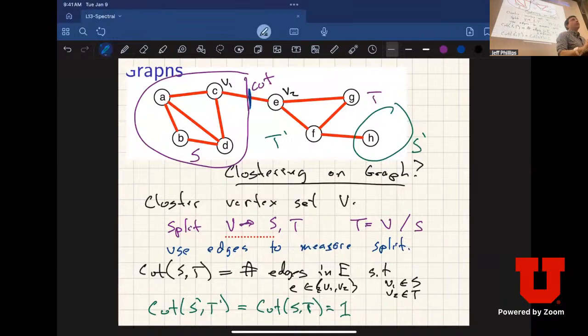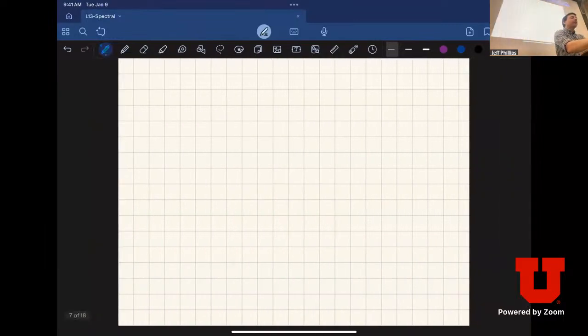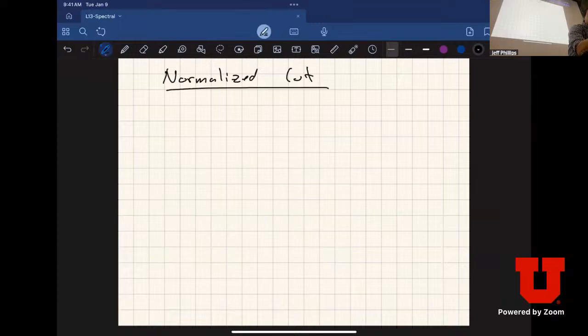So the common way people measure how good a split is is something called the normalized cut score. This somehow tries to enforce that the split is balanced, and that I'm preserving some sort of density on both sides.